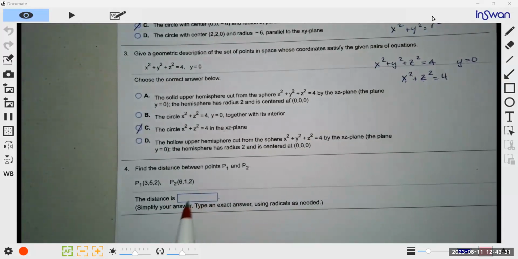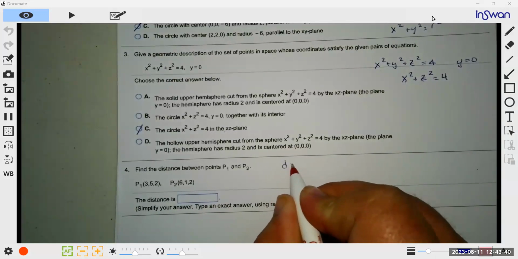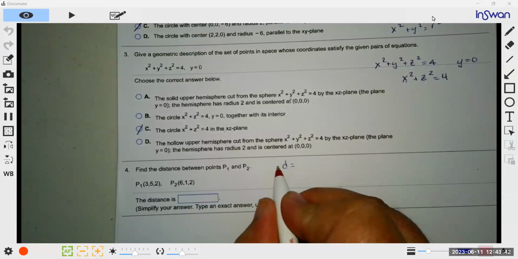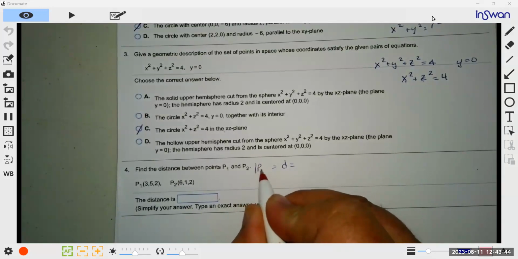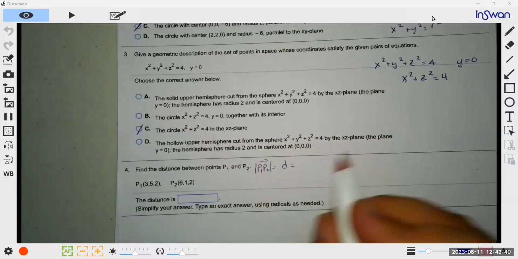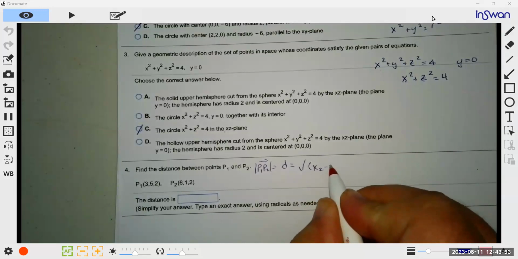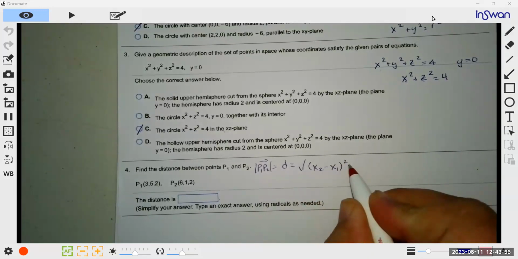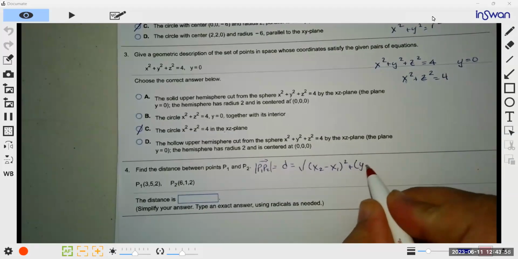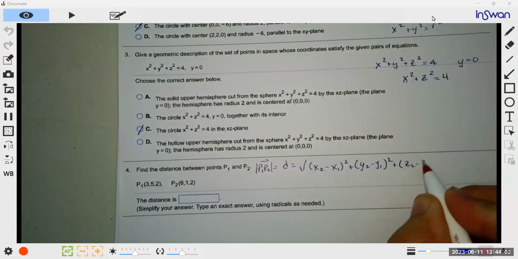And question number 4. Find the distance between P1 and P2. The distance formula, remember, that's the magnitude, is the square root of x2 minus x1 squared, plus y2 minus y1 squared, plus z2 minus z1 squared.